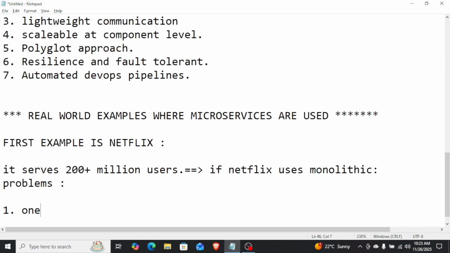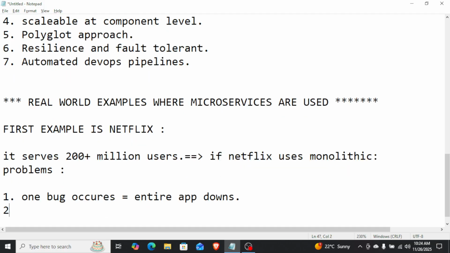When one bug occurs, it is equal to the entire app being down, so we can't use the app. The second problem is that global code deployment would be slow.